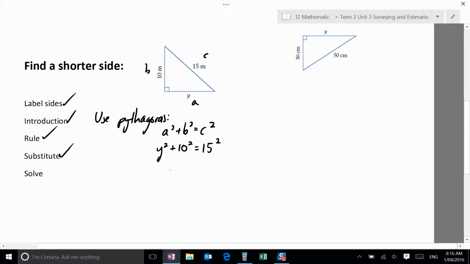To get y by itself, I'm going to have to first subtract 10 squared from both sides. Now I've got y squared by itself. I can just find the square root.